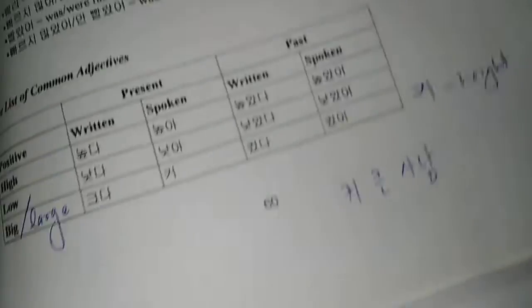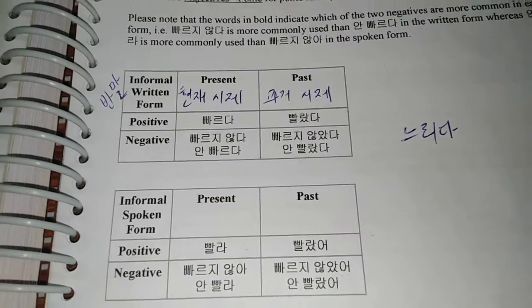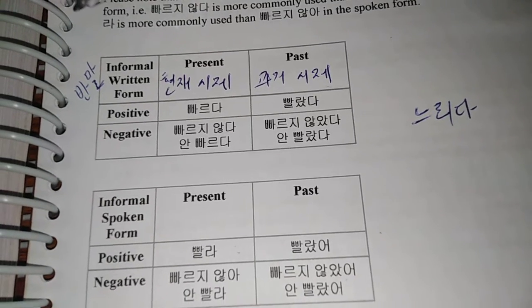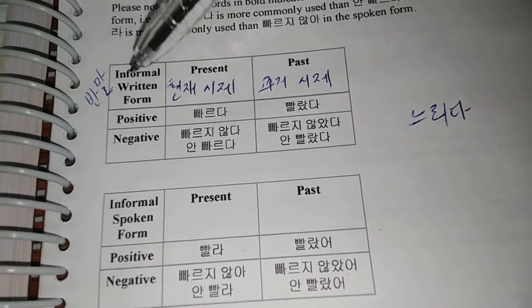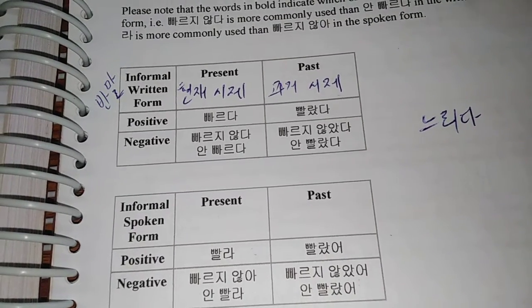When we come to the next page, we have some tables given here. We had tables like this before, so it is pretty much the same. We have one table for written form and one table for spoken form, and both are for Banmar.